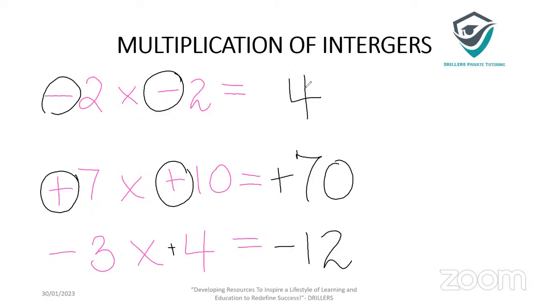So same sign, we get a positive product, or a positive answer. And different sign, we're going to get a negative product. So this is when we're doing multiplication of integers.